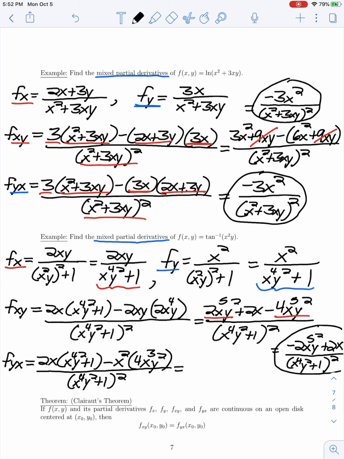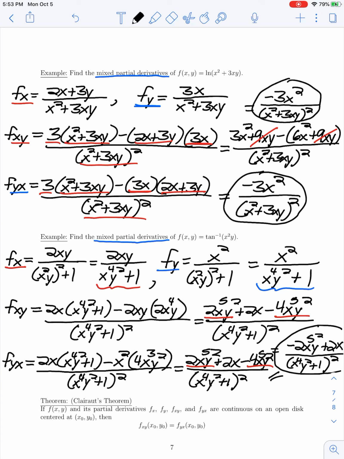So expanding through the numerator again, we have 2x to the fifth y squared plus 2x minus a 4x to the fifth y squared, all over x to the fourth y squared plus 1 quantity squared. And combining these terms, 2x to the fifth y squared minus 4x to the fifth y squared, we're left with a negative 2x to the fifth y squared plus 2x for the numerator. So we get the exact same expression that we had previously.